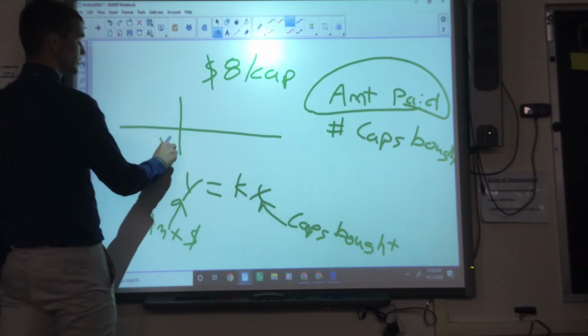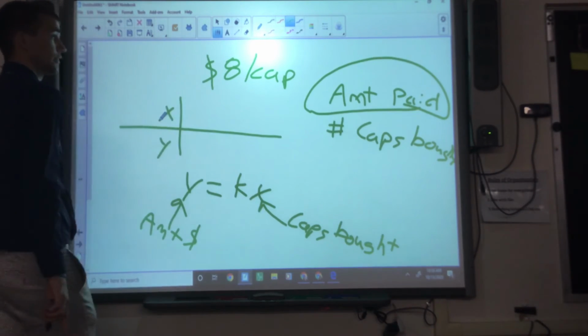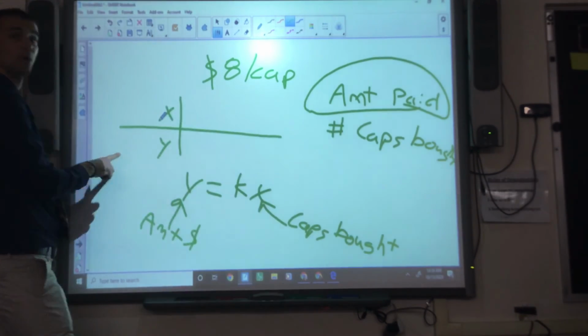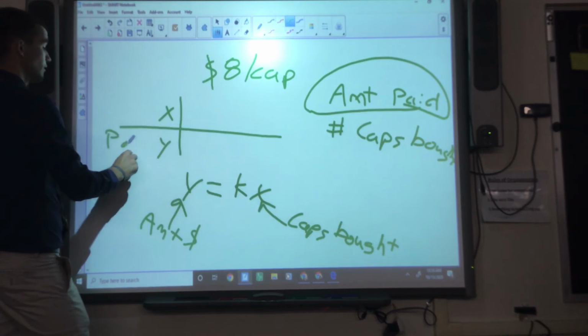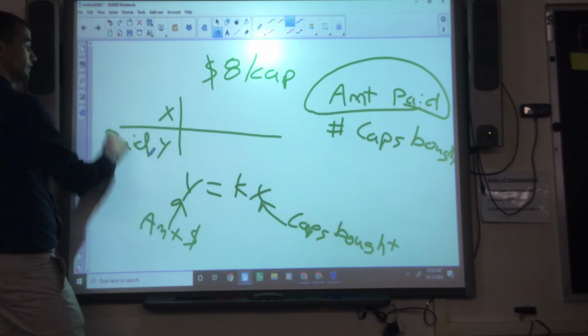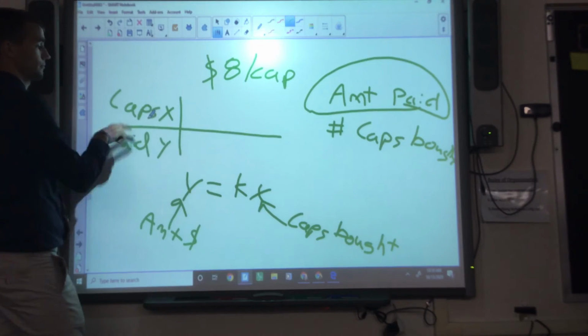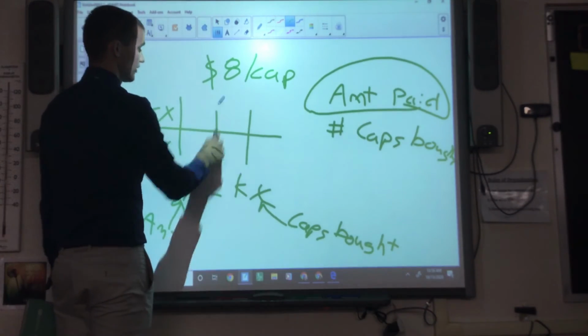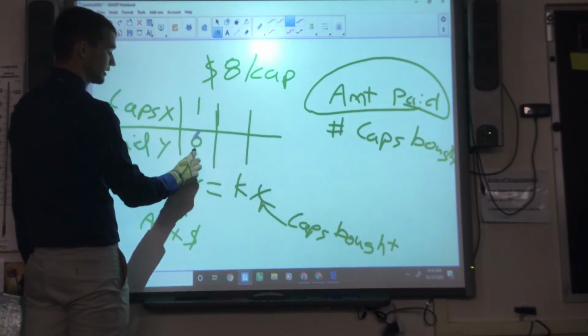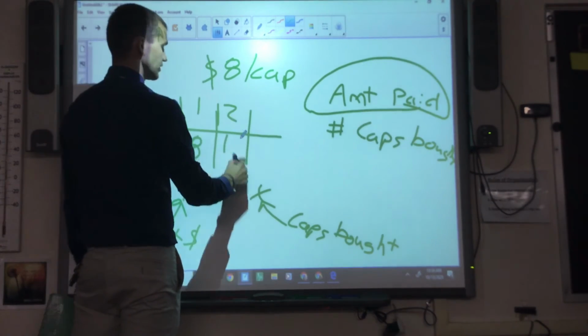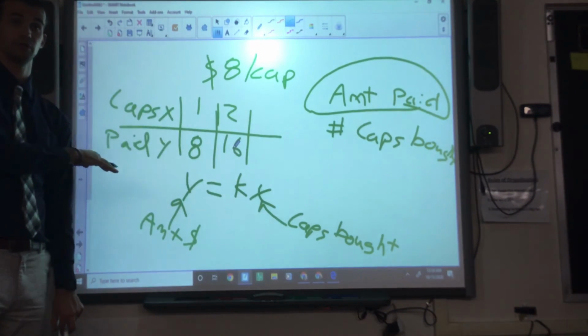That means, remember, y is on bottom, x is on top. That means whatever they list first actually is going to go on bottom. So paid, and this is caps. So I think about it, hey, if there's 1 cap, it's $8. If there's 2 caps, $16. Should make sense if you put it that way.